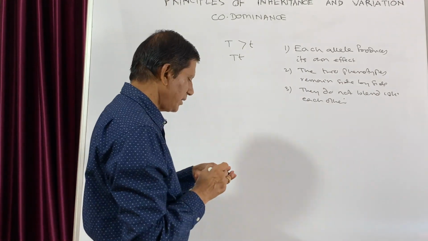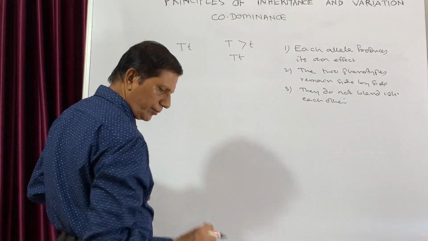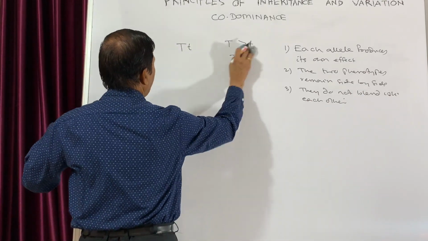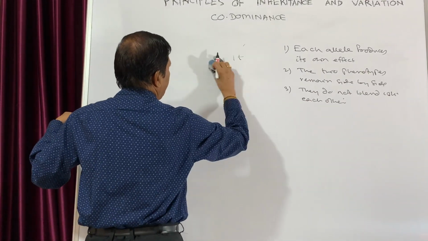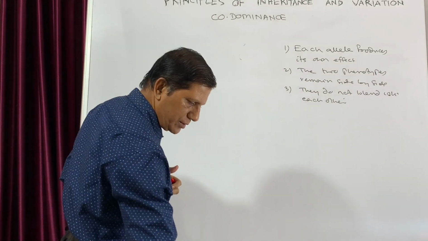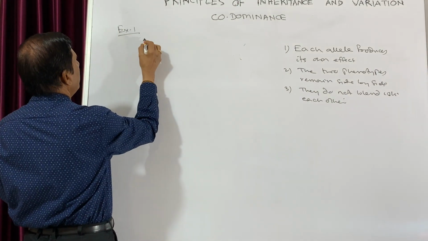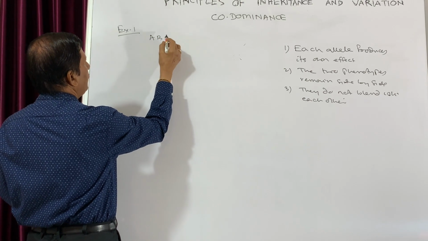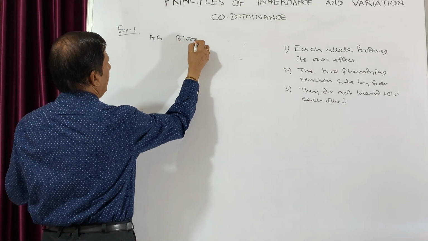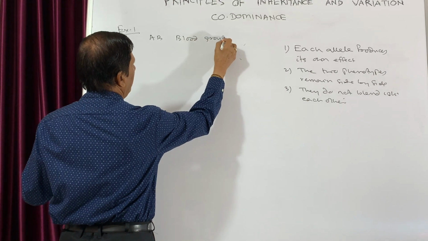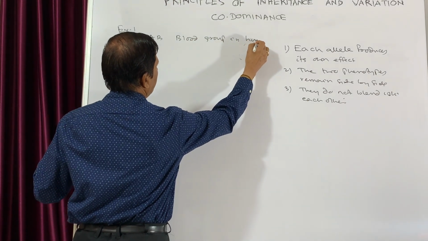So, let us take some examples. Example number one is the AB blood group in human beings.